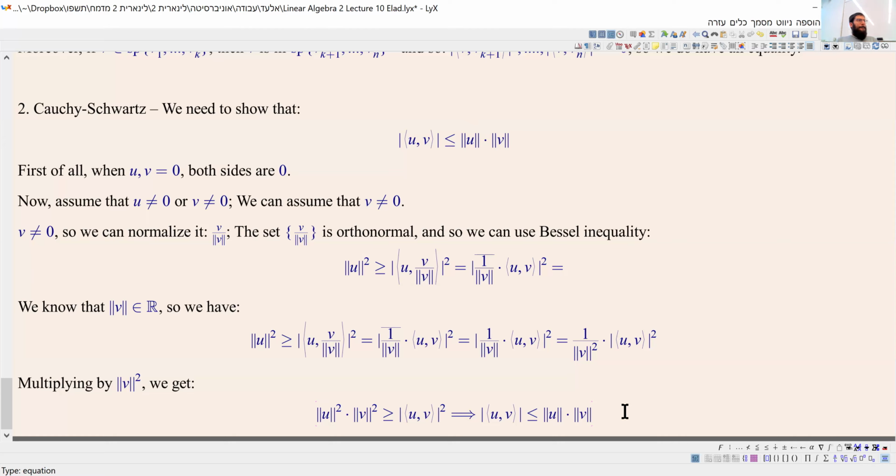And why does equality hold when the vectors are linearly dependent?